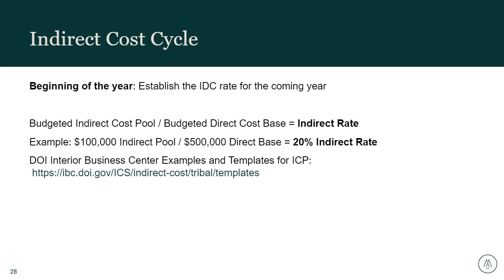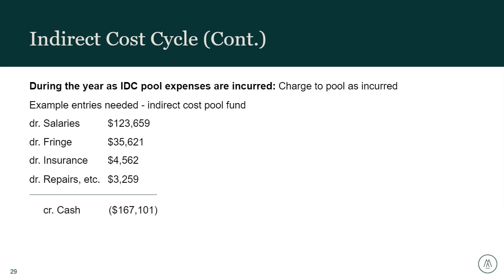I also would like to mention that the Department of Interior Business Center has a few good examples and templates on their website, so you can check that portal to see those templates. As the year progresses, there will be expenses incurred that should be recorded in the indirect cost pool.